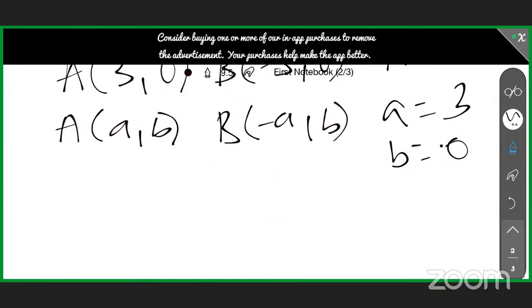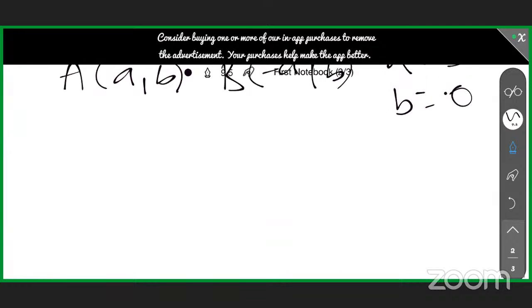So therefore the entire equation will become 4x square by 49.